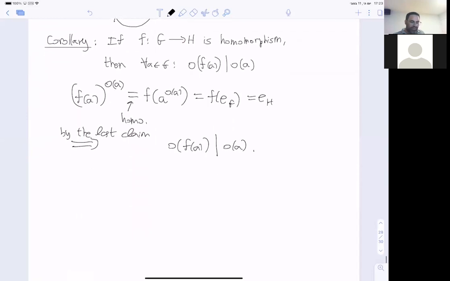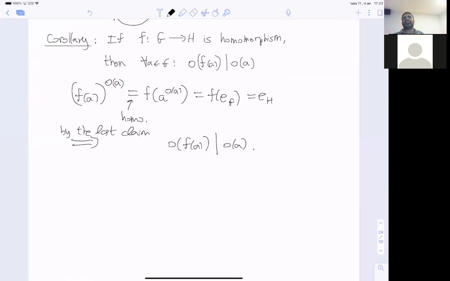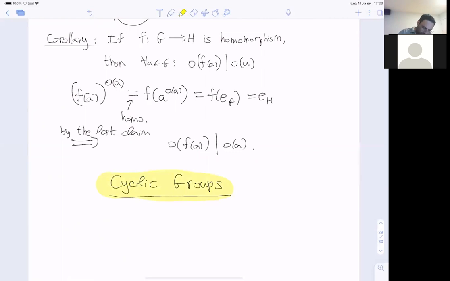Let us concentrate now on cyclic groups. You know a cyclic group is generated by one element.